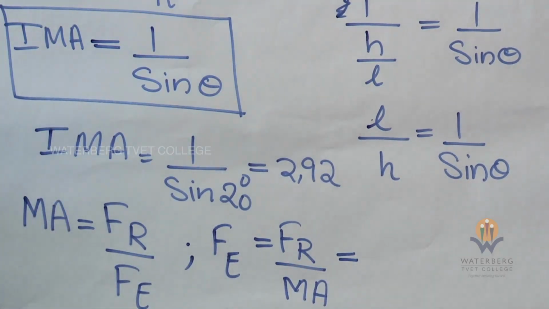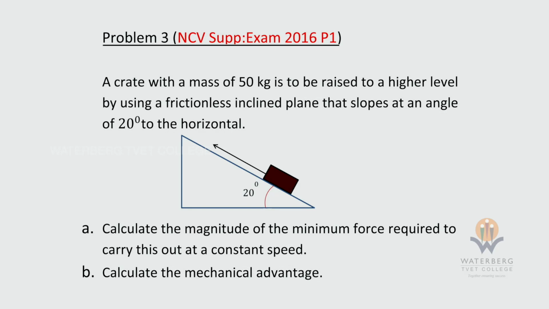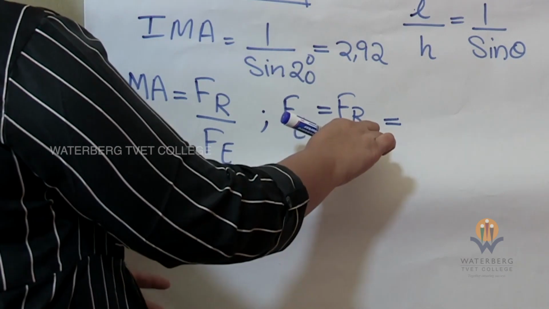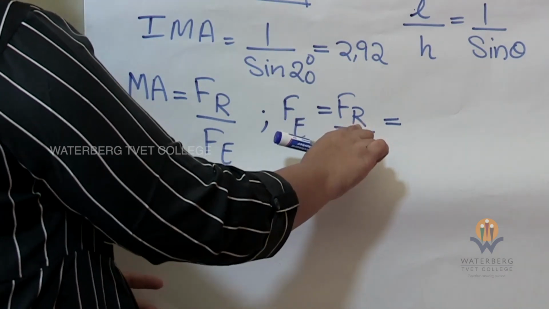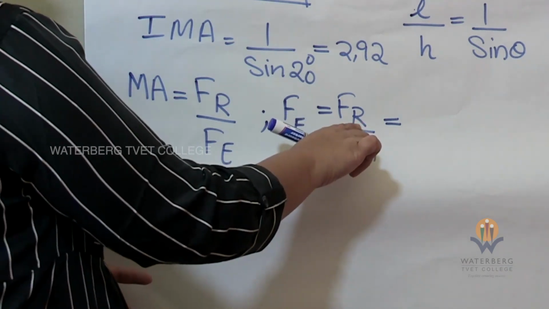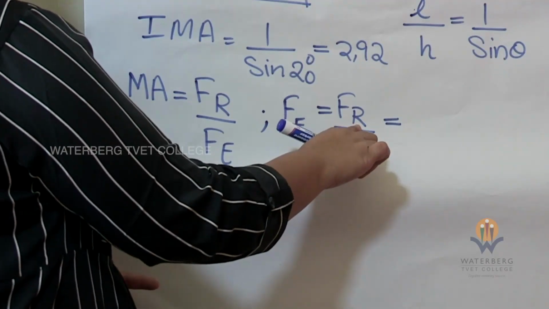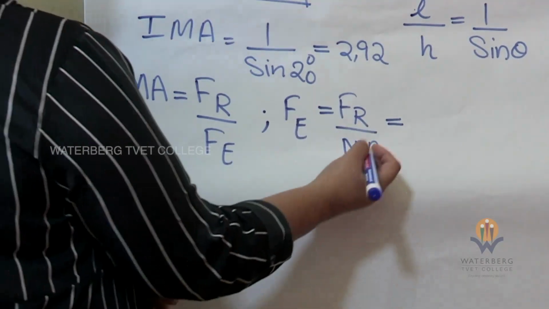Fr is not given, but the mass of the object is given. The question says the mass of the object is 50 kg, and we know how to calculate this because in the beginning we said the resistance force is often called the weight of the object, and to calculate the weight we use the formula W equals mg.